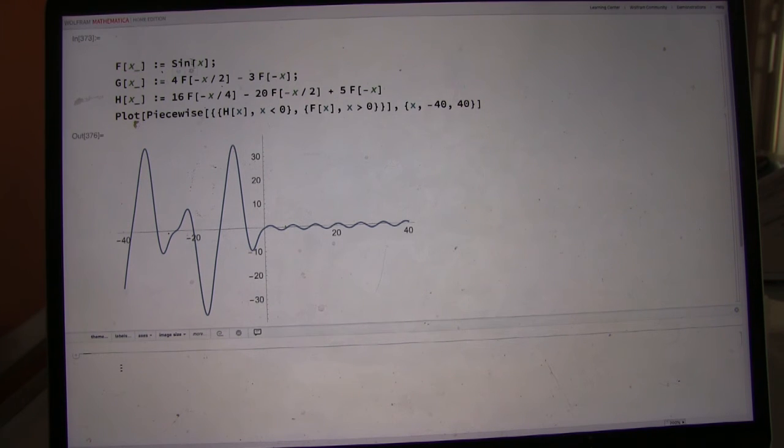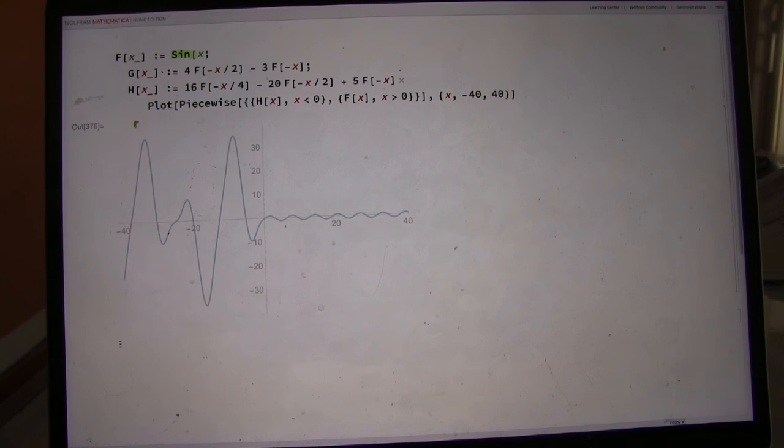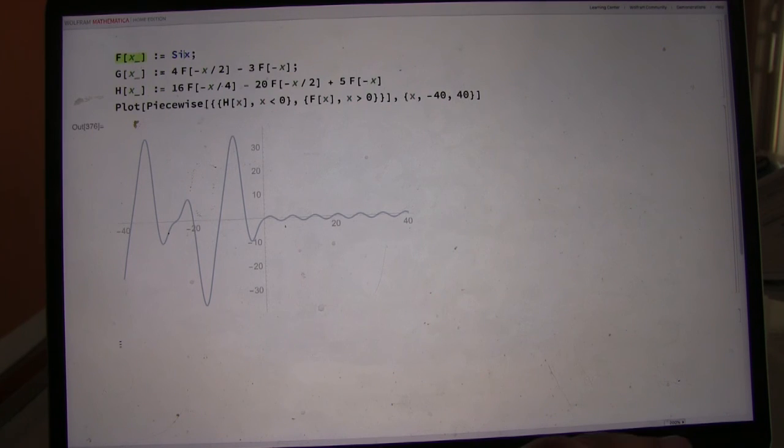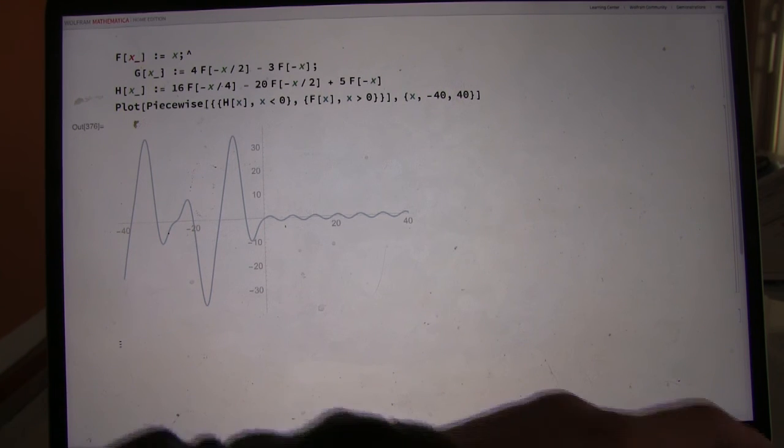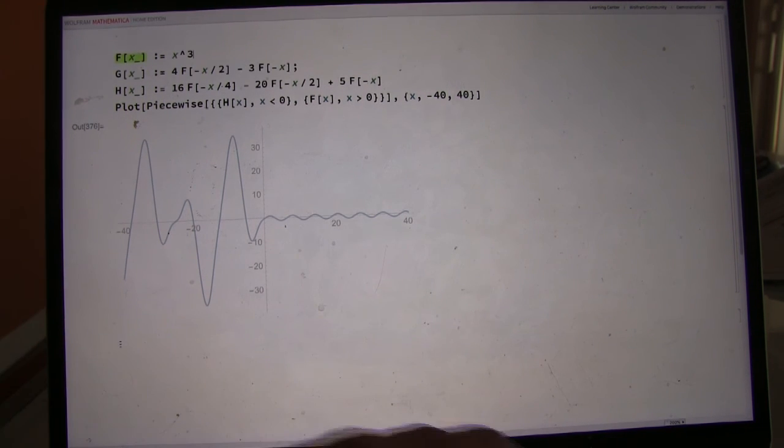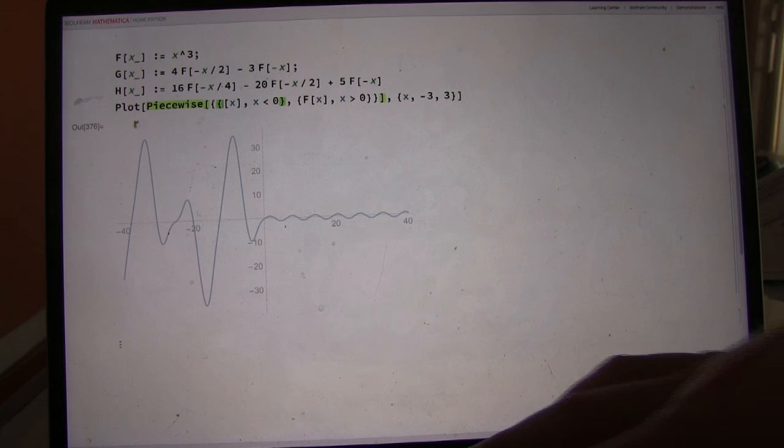All right, so pick another function and we'll look at it. Let's do a cubic. Just do x cubed. Let's not go from minus 40 to 40 if we're looking at x cubed. How about minus 3 to 3? And let's look at g of x.